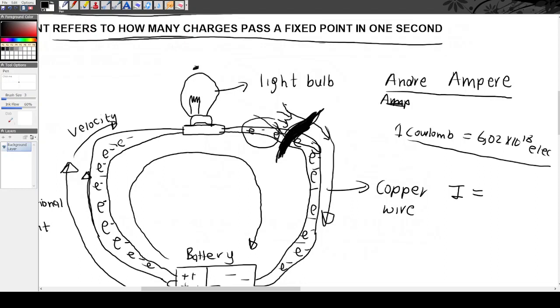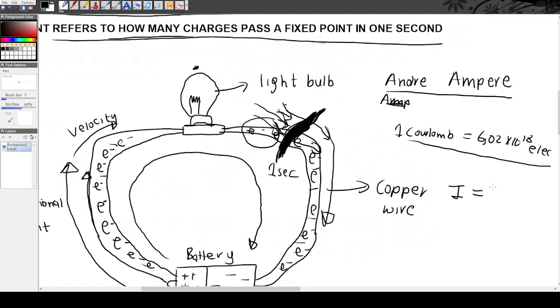If we calculate how many coulombs of charge pass this point in 1 second, note the time, in 1 second. So he calculated how many groups of electrons or groups of charges pass this black line in 1 second. And then he called that current.